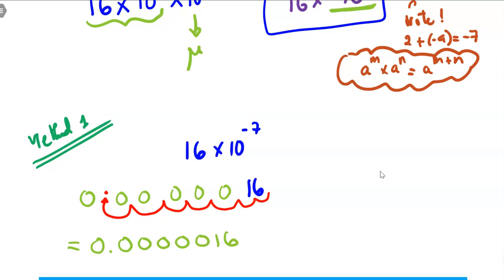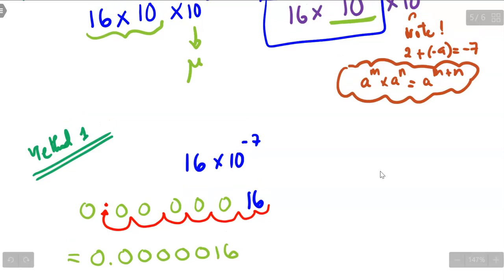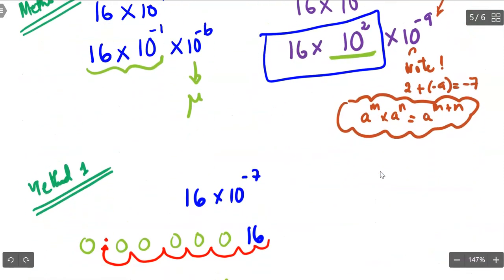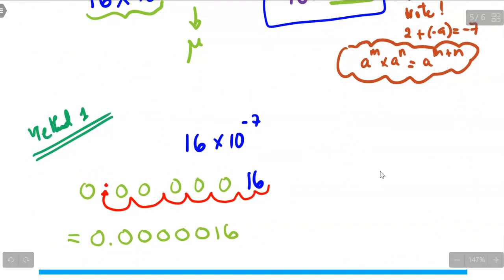Now you can go ahead and move your number to where you want it to go. In this case, ohm, you go to micro. So how many spaces from the unit to the micro? 6. So I go 1, 2, 3, 4, 5, 6.